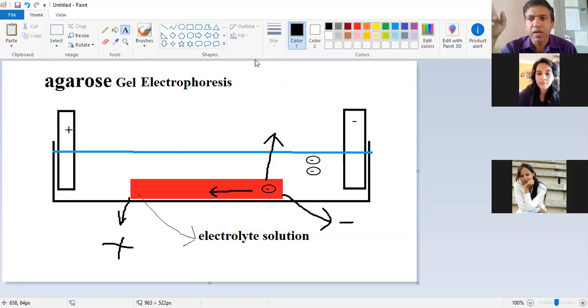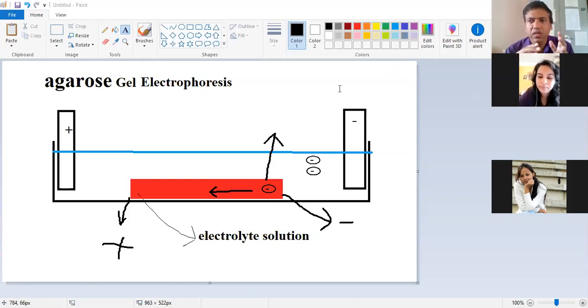In case of polyacrylamide, excuse me, in case of polyacrylamide gel electrophoresis or polyacrylamide gel, the gel formation occurs through chemical means.